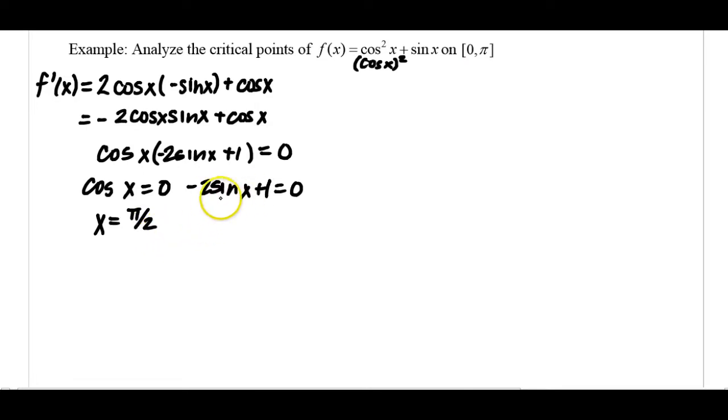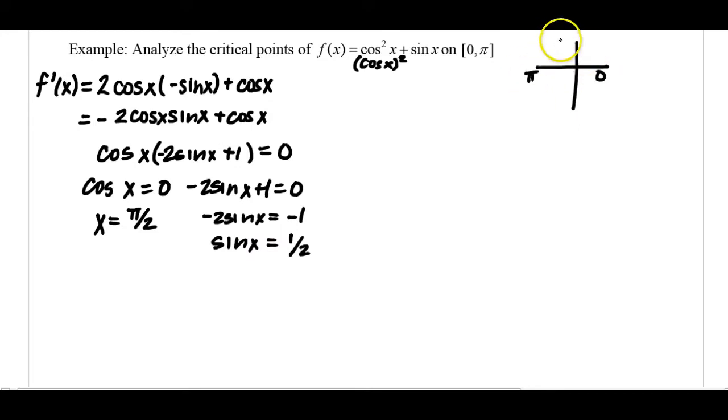So now I need to solve for when this equals 0. So I'm going to subtract the 1. So negative 2 sine x equals negative 1. Divide by negative 2. So when does sine x equal positive 1/2? So this is in quadrants 1 and 2. So 0 to pi is in quadrants 1 and 2. So all students take calculus. So all trig functions are positive in quadrant 1.